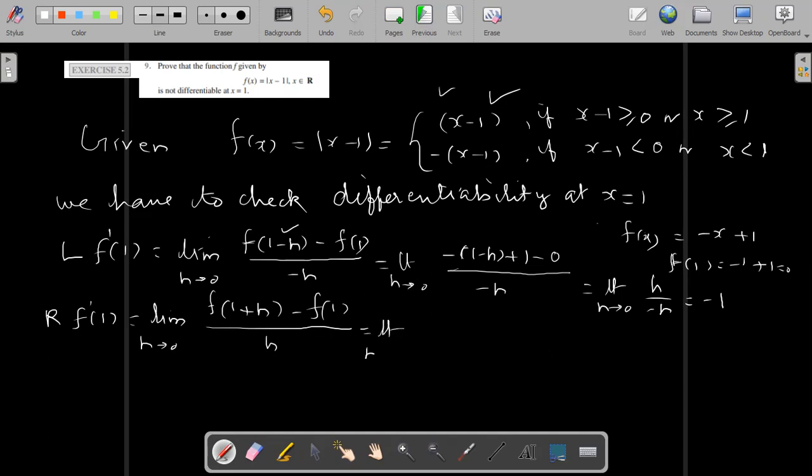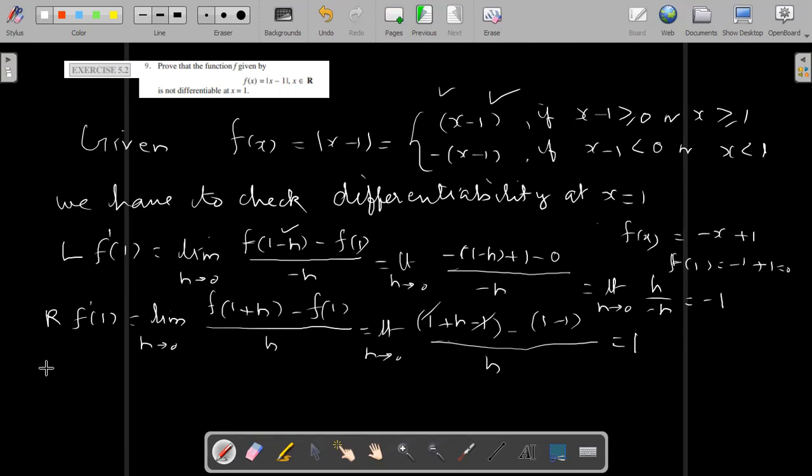So this value will be limit h tending to 0 of (1 plus h minus 1) minus (1 minus 1), divided by h. The 1 minus 1 cancels, only h is left. h upon h is equal to 1. So minus 1 is not equal to plus 1.